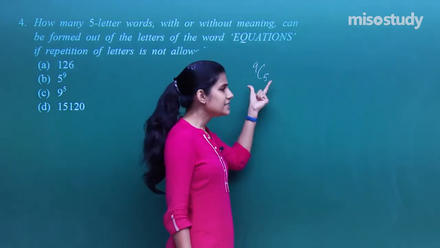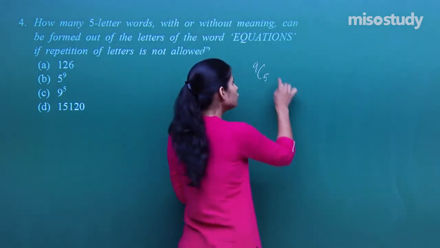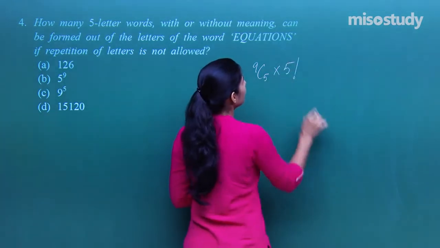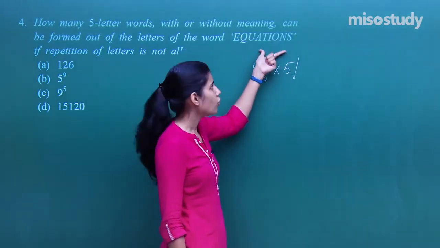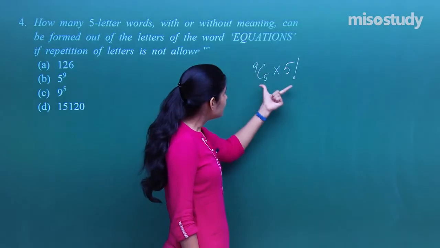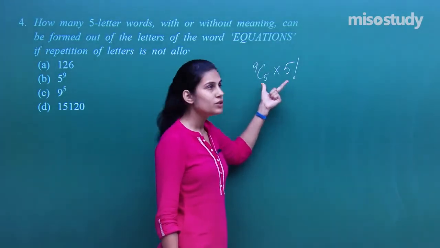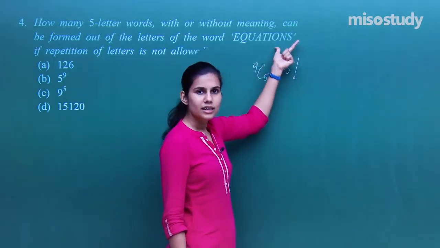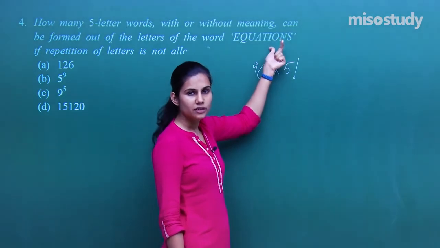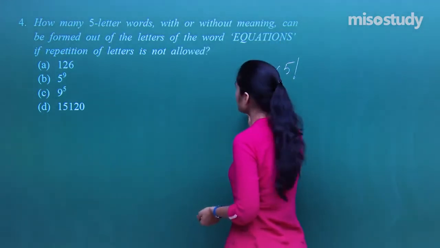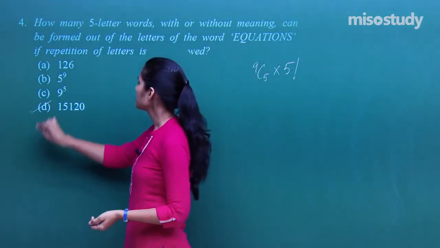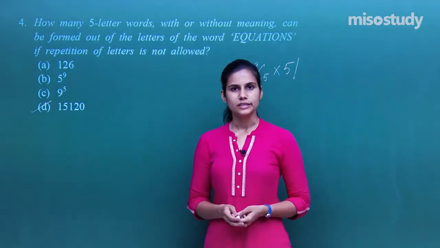So these many selections are giving me these many into 5 factorial arrangements of the letters of the word EQUATIONS, right? Or basically I can say this is actually the total number of ways in which any 5 letters out of the 9 letters given over here can be arranged. Fine. So your answer is 9C5 into 5 factorial, which comes out to be 15120.